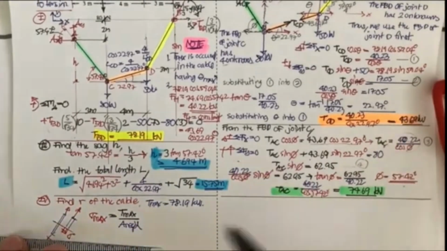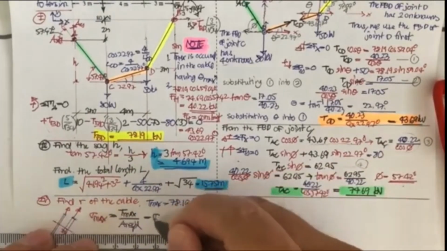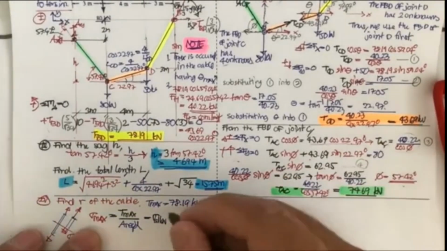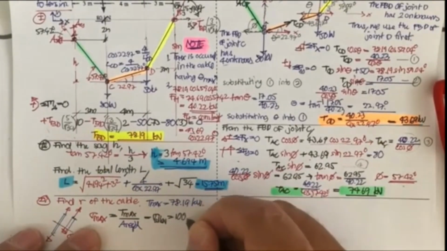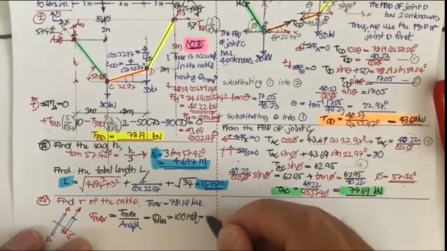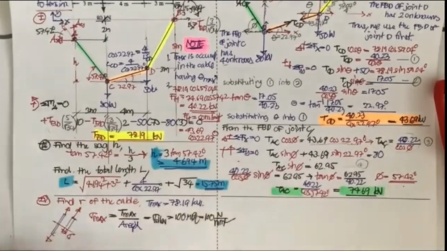What we have is that sigma max by the mechanics of materials is equal to sigma allow, the allowable stress. The allowable stress here is going to be 100 megapascal, if you remember, which is also 100 Newton per square millimeter.